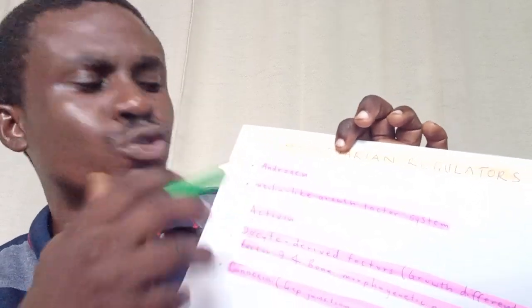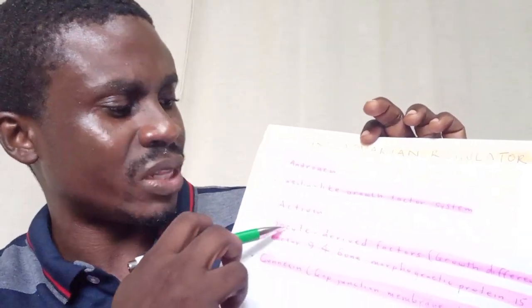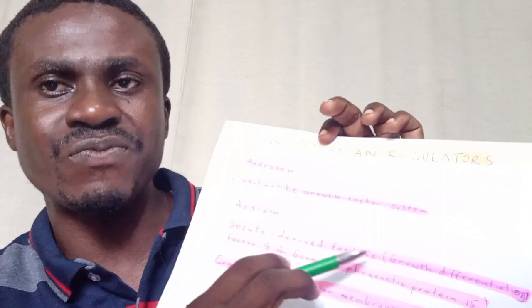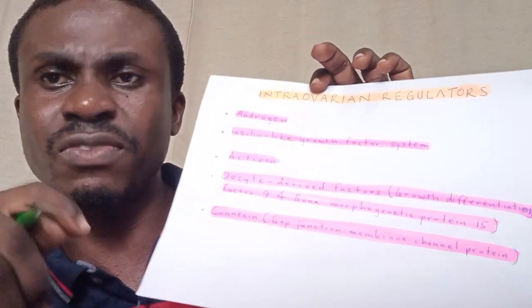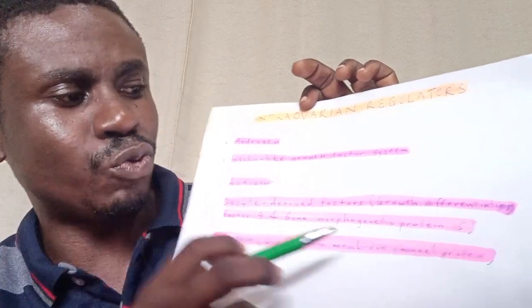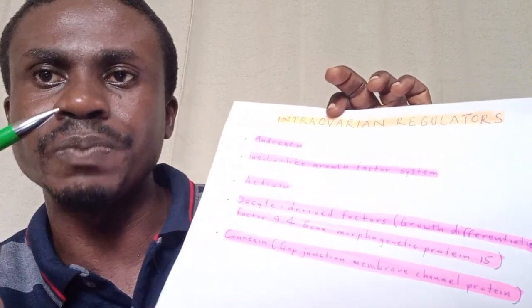Yes, there will also be insulin-like growth factors. Growth factor 1, growth factor 3, they will also be relevant in controlling these things, produced by, of course, these granulosa cells and the theca interna cells. Activin or even inhibin. So activin to activate the whole process to take place very well. Then we also have some oocyte-derived factors. Yes, there are some factors derived from the oocyte itself, which may also give off some product, and it will include something like growth differentiating factor 9 and what have you.